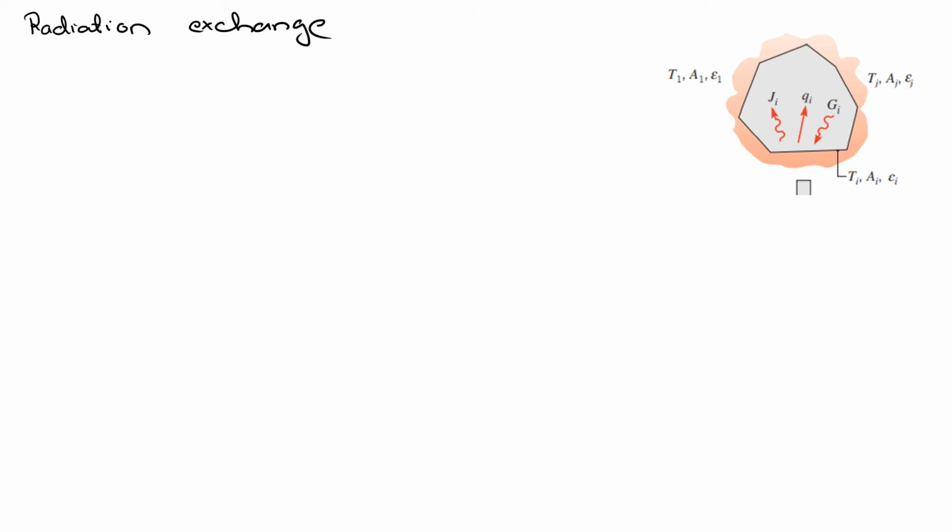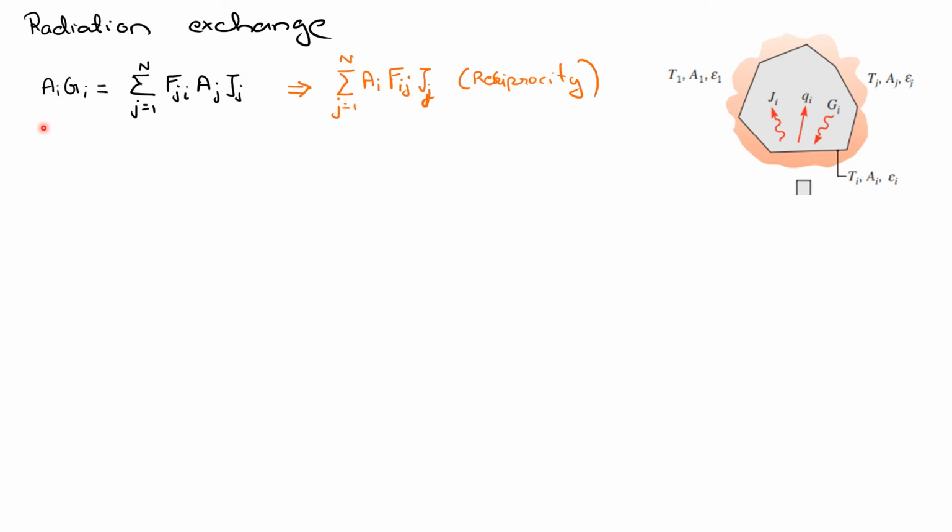So moving on, we just looked at the net radiation from a surface. Now we need to look at what will be the radiation exchange between the different surfaces of the wall of this enclosure.